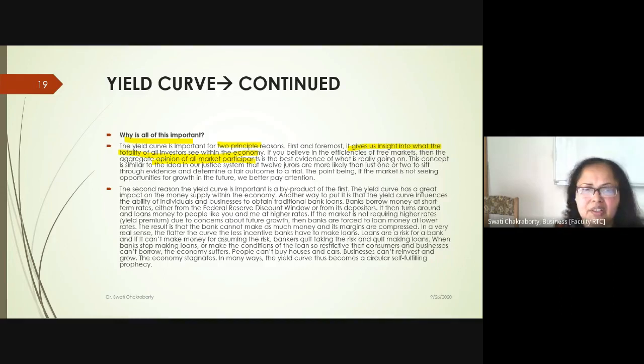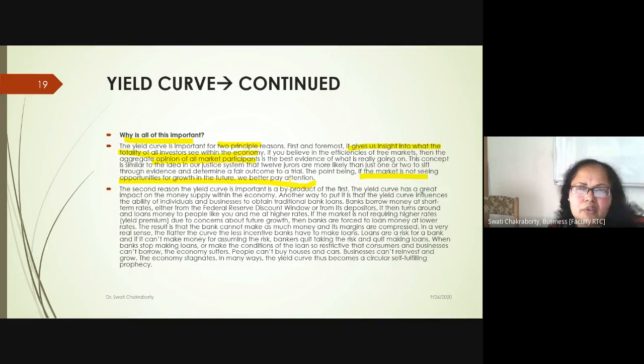Everyone is thinking of it, right? So the main thing to see is that if the market is not seeing opportunities for growth in the future, we need to pay some attention to that.